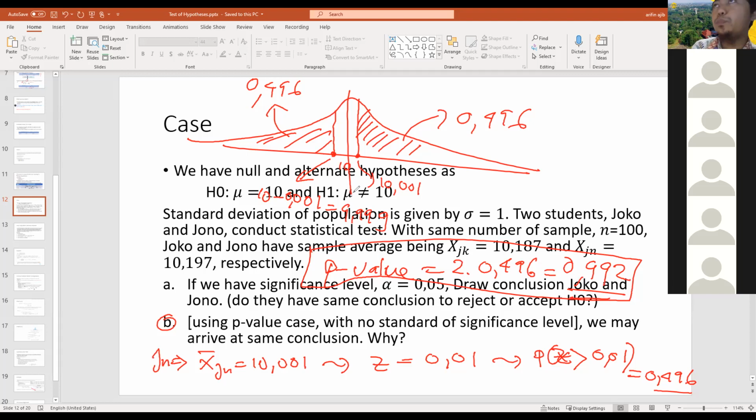Yes, no need to be divided by 2 because in this case we only inspect one side, and then when we compute the p-value based on this case, we should double. Okay. Any questions?